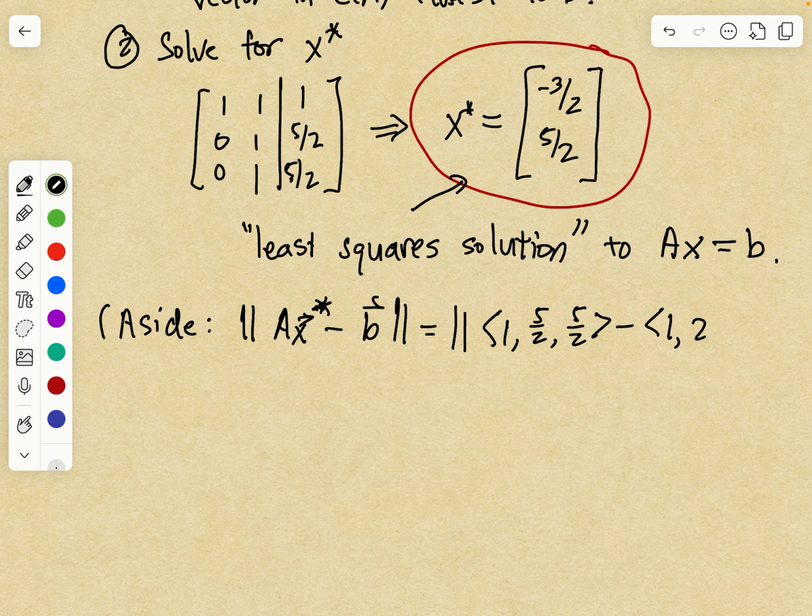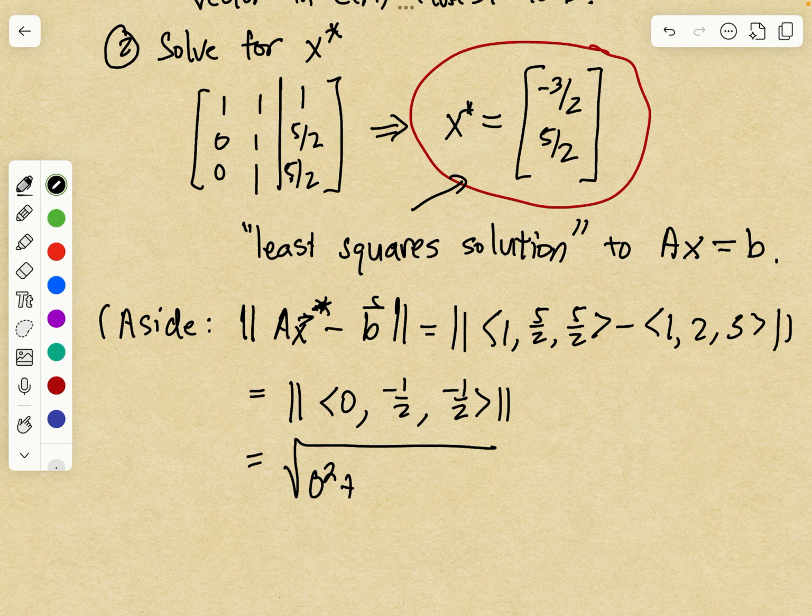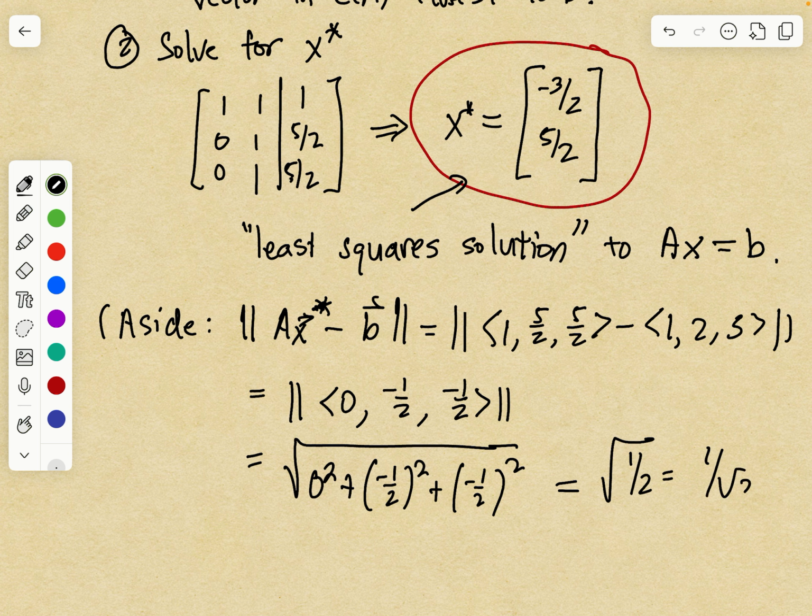B was 1, 2, 3. So you have the length of 0, negative 1 half, negative 1 half, and then that's the square root of 0 squared plus negative 1 half squared plus negative 1 half squared, and then that's equal to the square root of 1 half, which is 1 over root 2. So that's just an aside. But now you see why it's called a least squares solution, because the sum of squares is minimized.